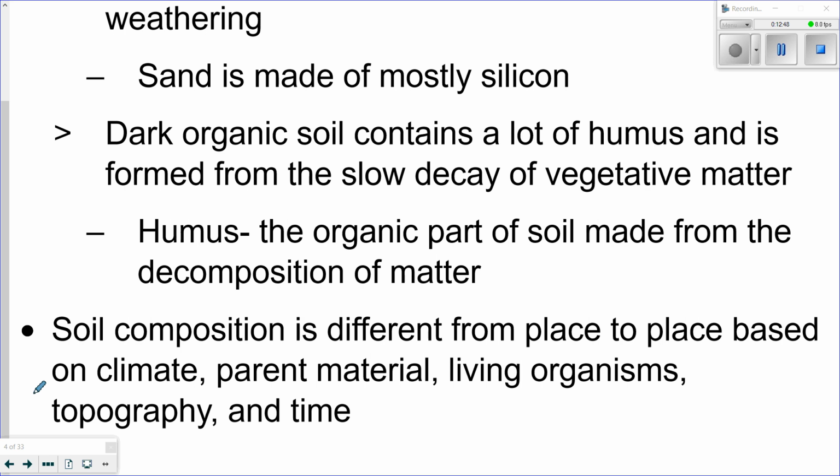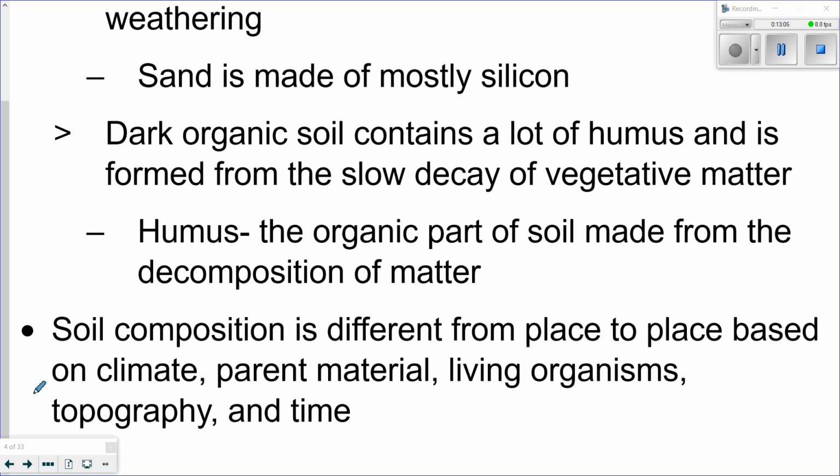So one of those that we look at is climate. So climate, kind of the amount of humidity, moisture in the air, can help determine what type of soil is going to be kind of primary in that area.